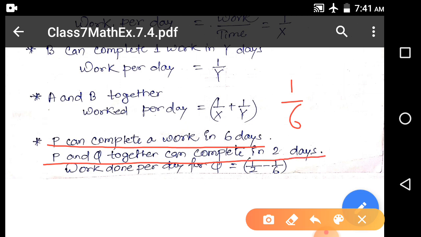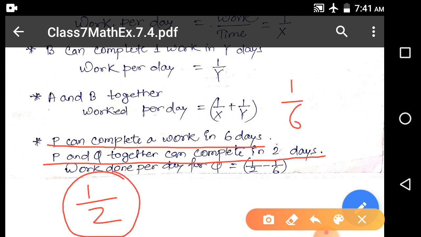So the time is 2 days and the work is 1 when P and Q both work together. So the part of work they can complete in 1 day is equal to work by time, that is 1 by 2.